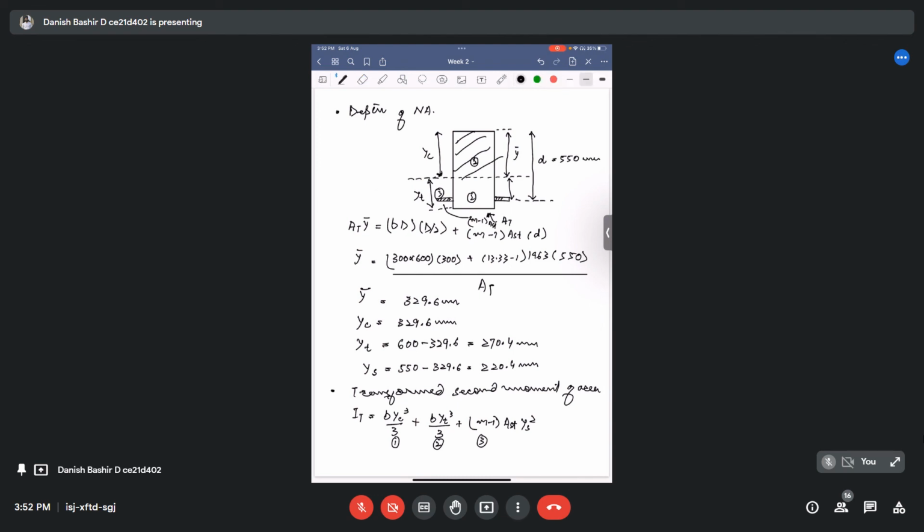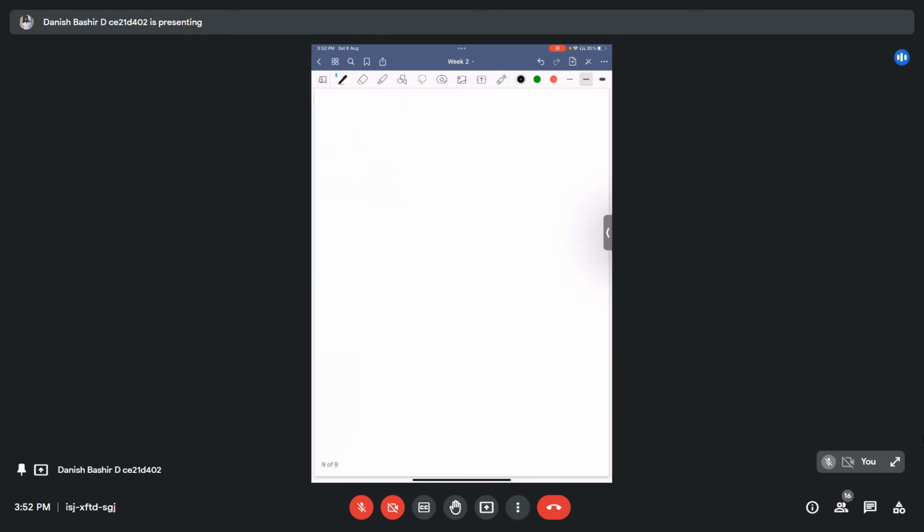So when we plug in all the values of yc, yt, and ys, which we already calculated, I transformed will come as follows. Let's write b value as 300, and yc we already calculated as 329.64 cubed, plus 270.4 whole cube. We are combining these two terms as both have the same denominator 3.